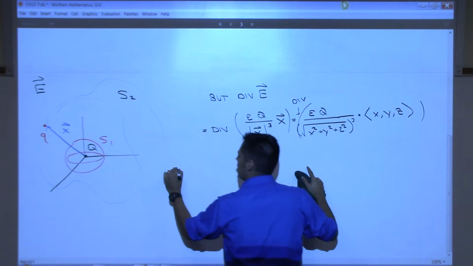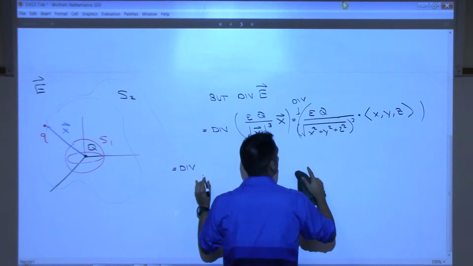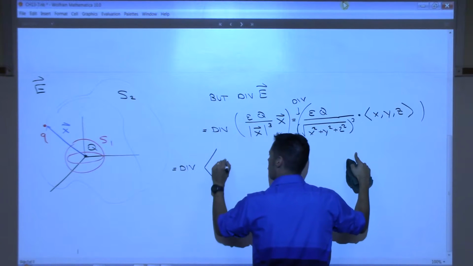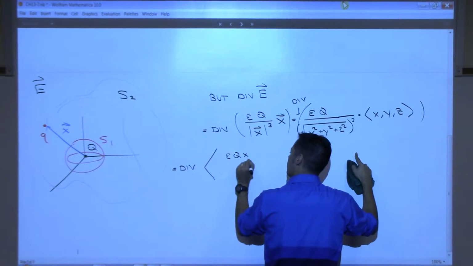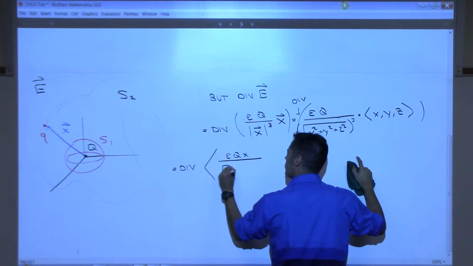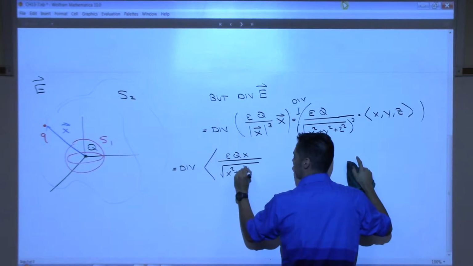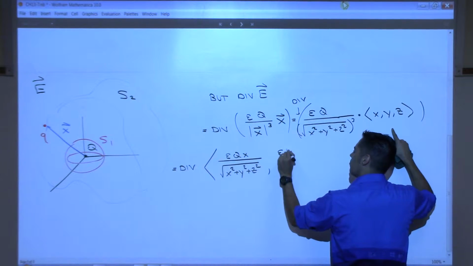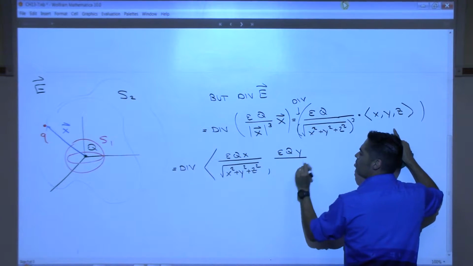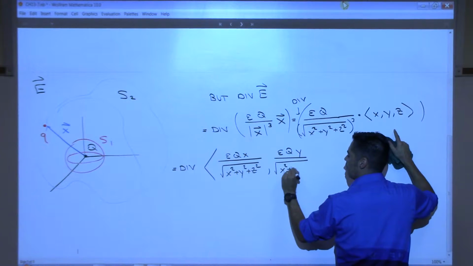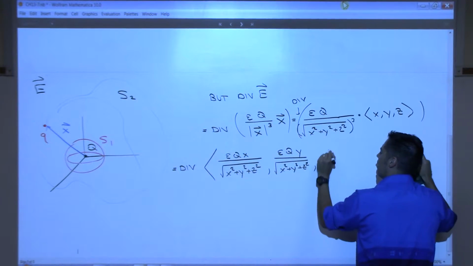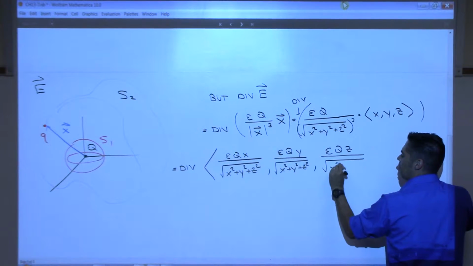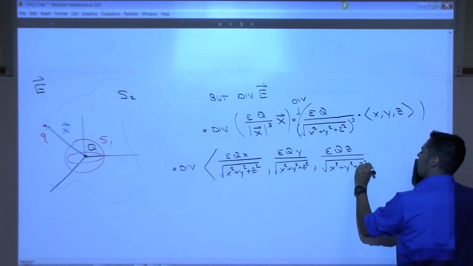So I need the div of, as a vector, it's x times this, right? So epsilon q x over root x squared plus y squared plus z squared, and then epsilon q y over square root of x squared plus y squared plus z squared, and then epsilon q z over square root of x squared plus y squared plus z squared.